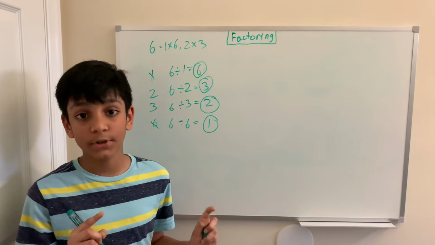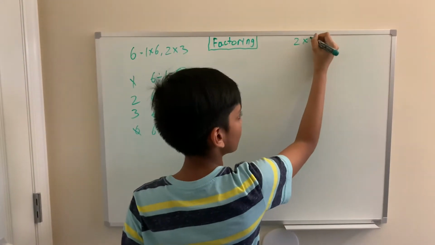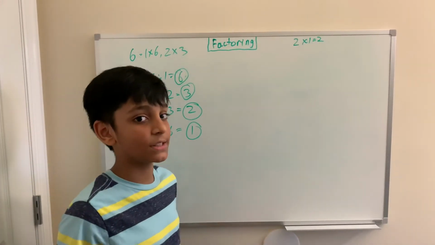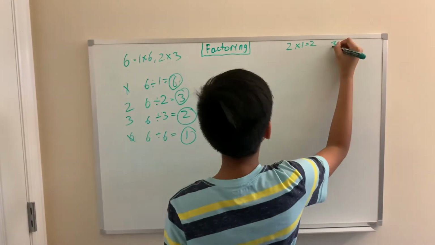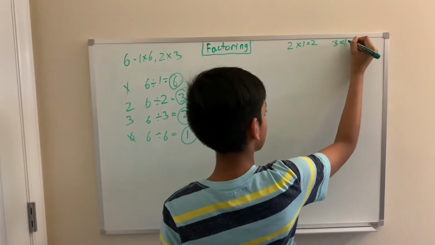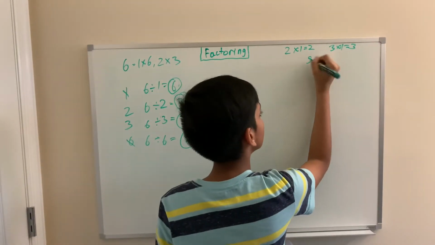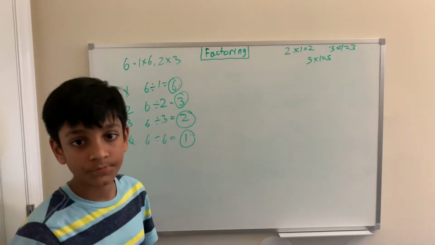So I'll list 3 for you. There's 2 because 2 times 1 equals 2, and there's nothing else that you could multiply to get 2. And then there's 3 because 3 times 1 equals 3 for the same reason. And then there's 5 because 5 times 1 equals 5, for the same reason as 2.